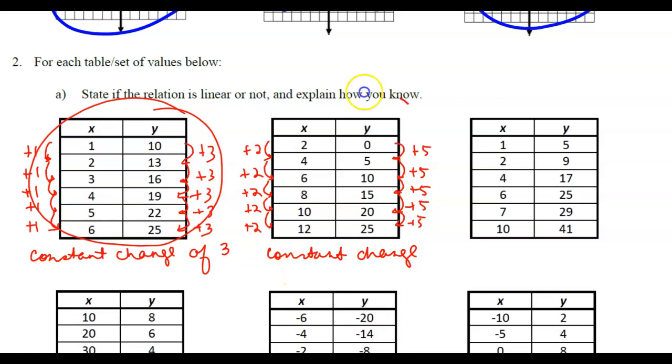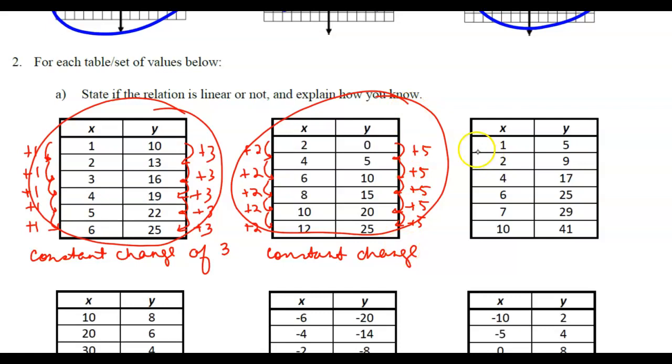So what is the constant change really? Would be 5 over 2 for every 1 unit. Okay, but it doesn't really matter. I'm not asking for what the value is. It's just a constant change in the y for every constant change in the x. Okay, and all of those values are the same.